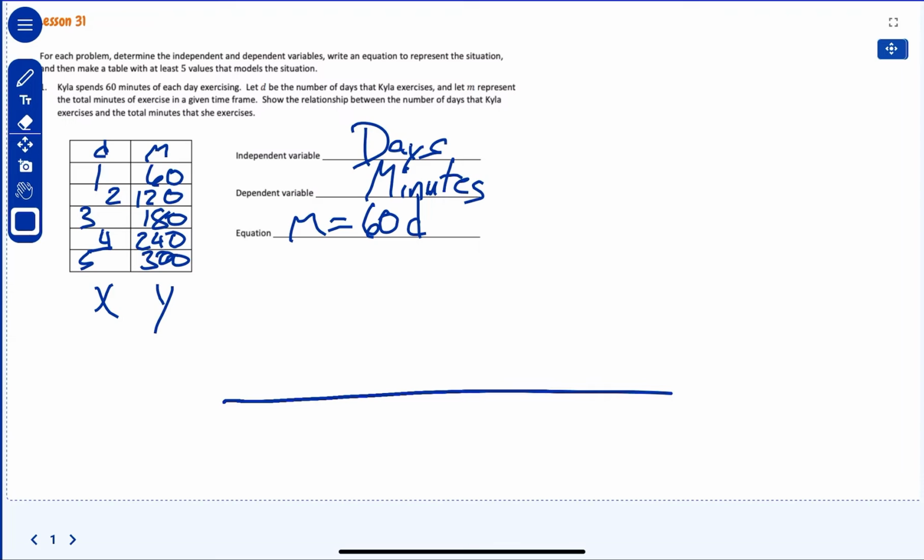So look, if we were to graph this, we would have 1 day, 2 day, 3 day, 4 day, 5 day. That's your X value, right? These are X's. These are Y's. See there?